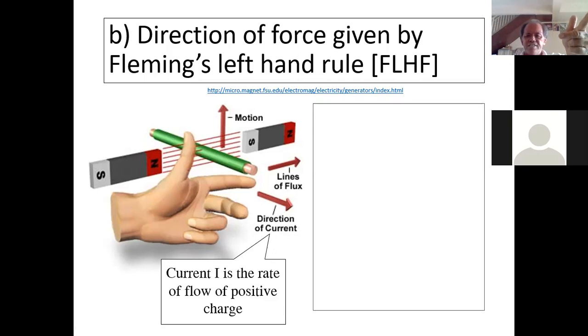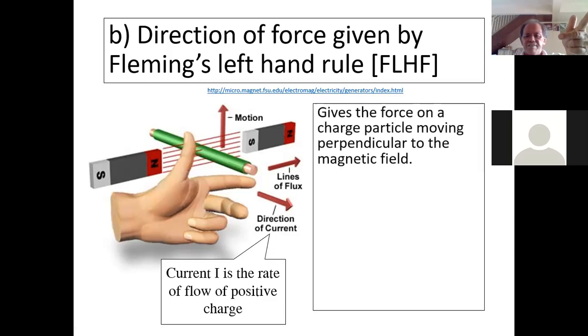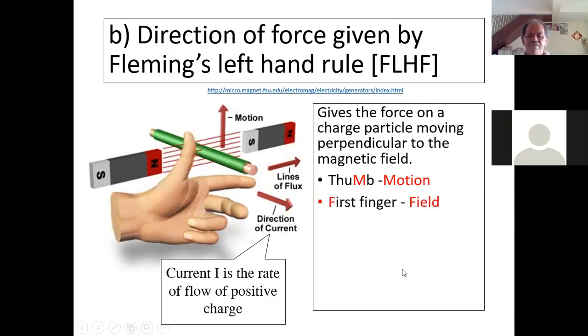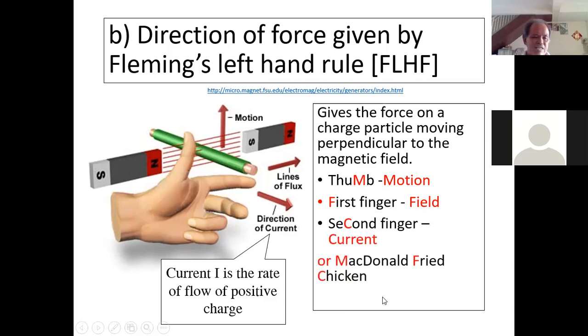Traditionally, Fleming's left-hand rule gives the force on a charge moving in a perpendicular magnetic field. The thumb is the motion, the first finger, F for field, and the second finger, C for current. But as I say, students are very imaginative these days. You can use whatever method helps you.